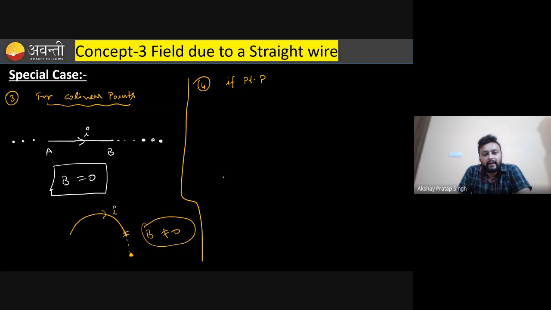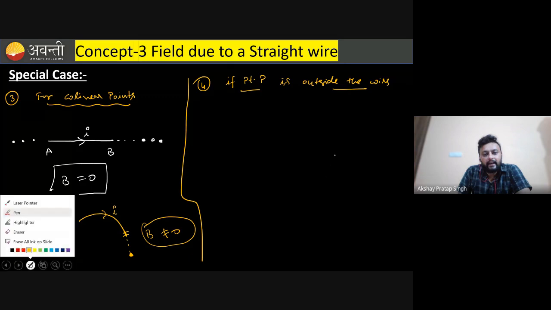Okay. So what I was discussing is that if point P is outside the wire, this is a very important thing to understand for all of you. Let's take a simple example.